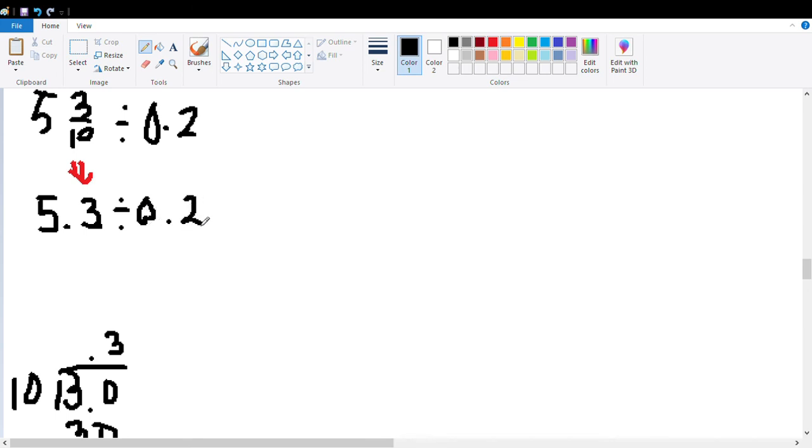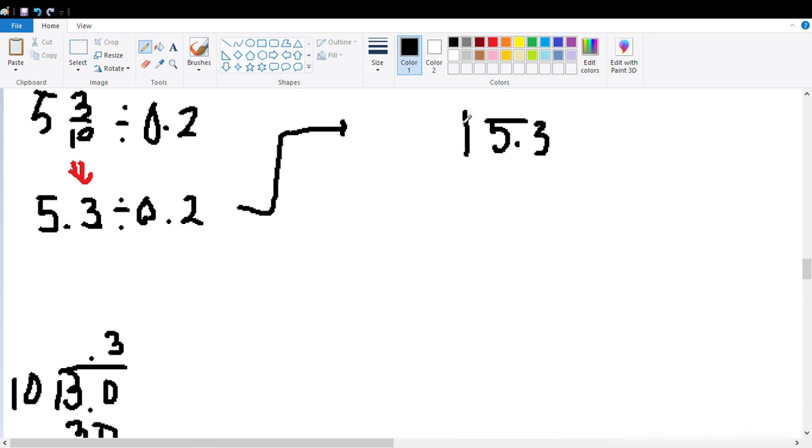Now divide. We're going to divide the long way, or you can use a calculator. I don't really care for this test. So 5.3 on the top. Is 5.3 the one inside or the one outside?